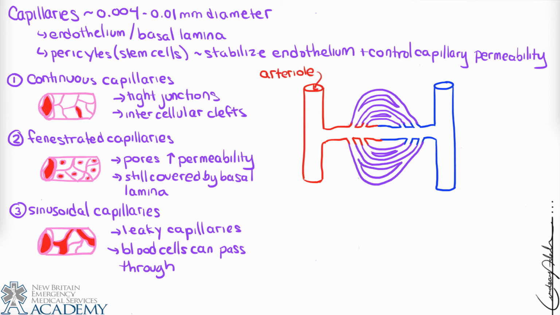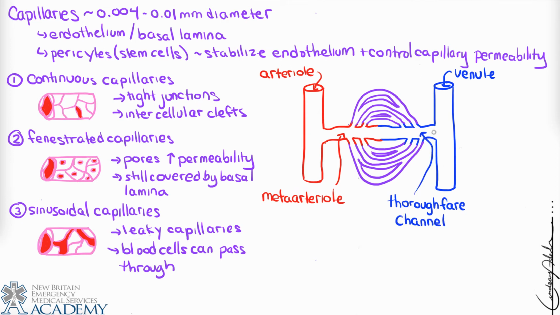So let's take a look at the capillary network and understand some of the components that allow for exchange in the tissues. So we have our arteriole, and the arteriole will branch into a meta-arteriole. That's this first part across the way here, and then the second part becomes more like a vein, a capillary vein, called the thoroughfare channel, and that will bring us back to the venule.